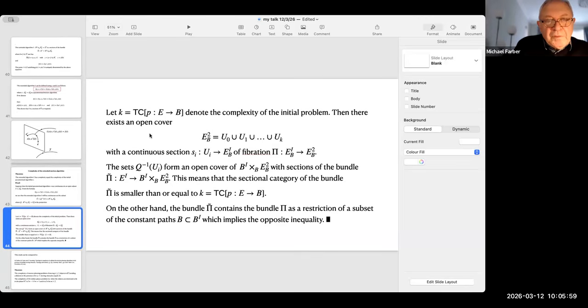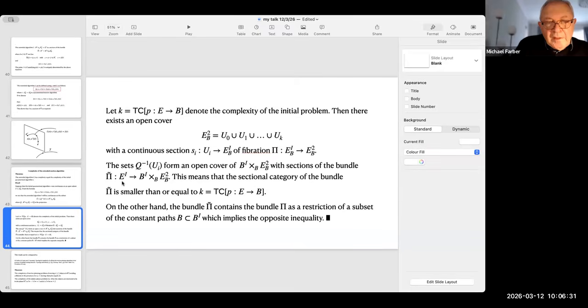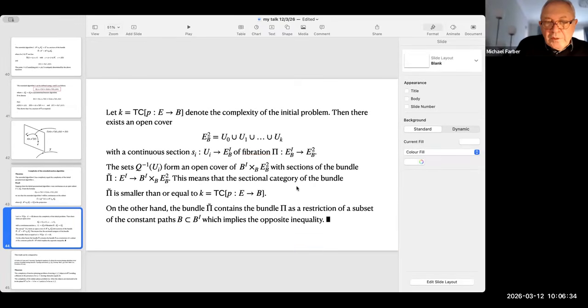So if K is this parameterized topological complexity, then we can cover this space E to B by K plus 1 open sets with continuous sections of this fibration, and then the pre-images of those sets will form an open cover of this product, with sections of this bundle pi tilde. And this means that the sectional category of this bundle pi tilde is smaller than or equal to K.